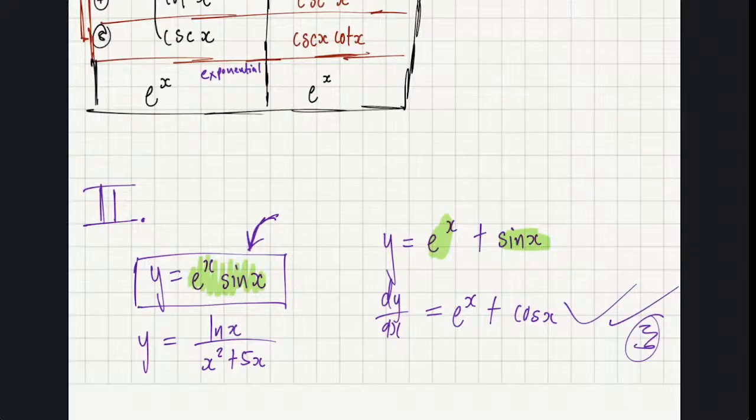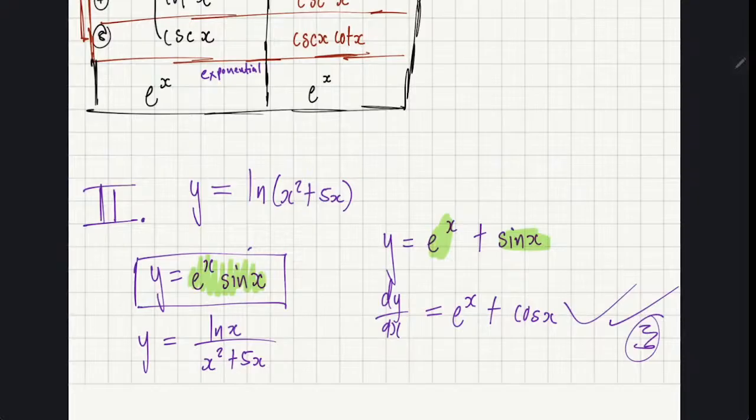So this is now part 2. How do you solve when the 5 types of functions are combined? When they are multiplying, or when they are dividing, or the third situation is when one is put inside another, to say y is ln of x squared plus 5x. Look at this.